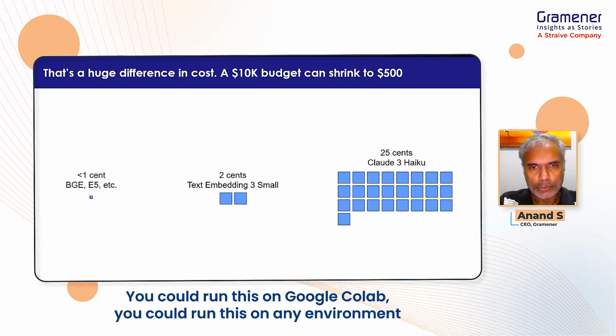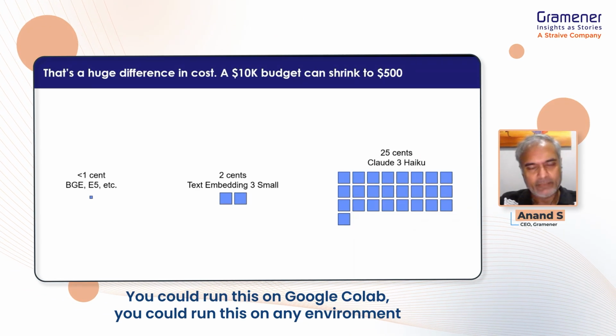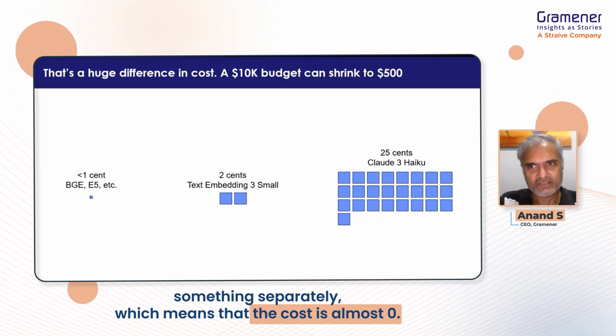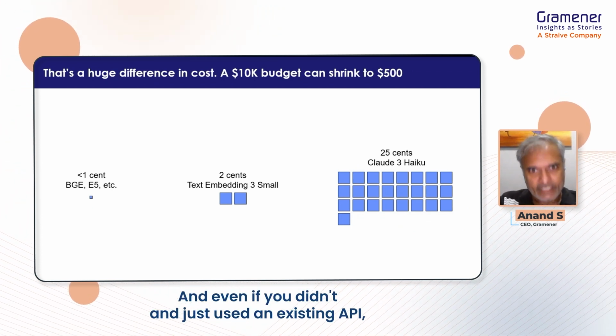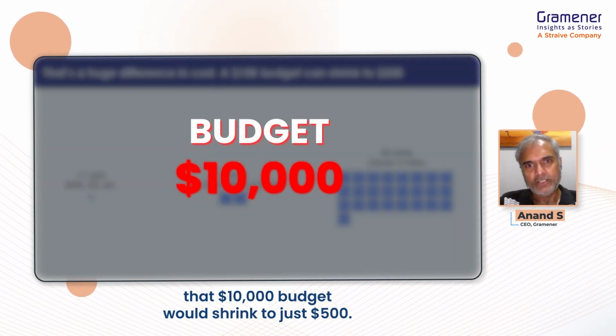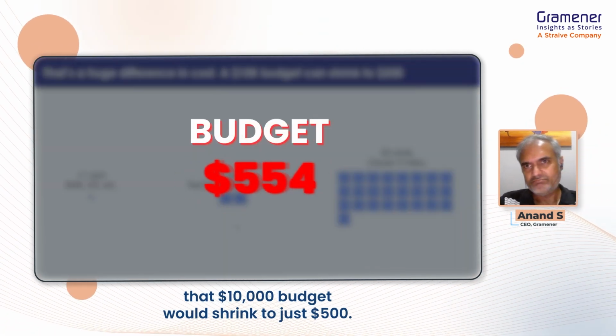You could run this on Google Colab. You could run this on any environment. You don't need to provision something separately, which means that the cost is almost zero. And even if you didn't and just used an existing API, that $10,000 budget would shrink to just $500.